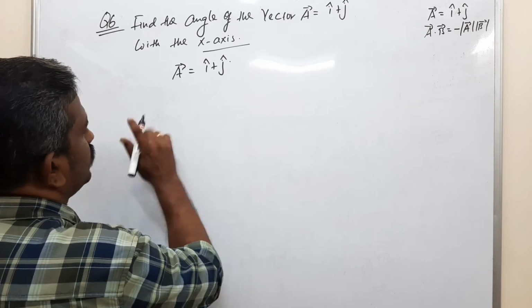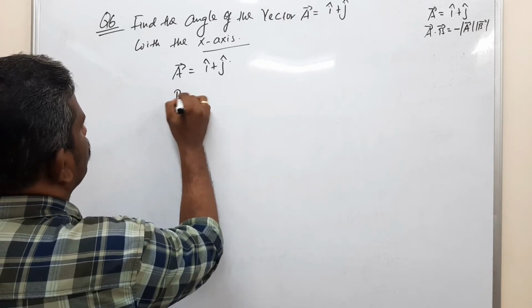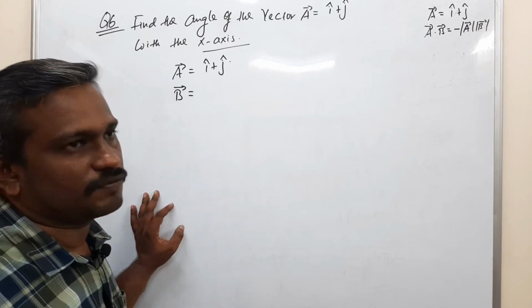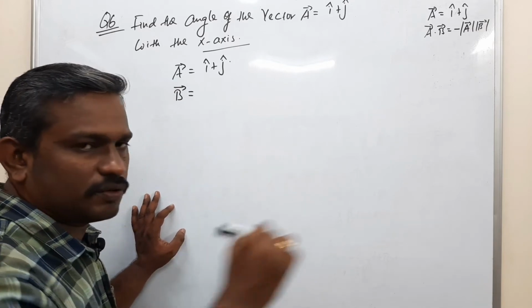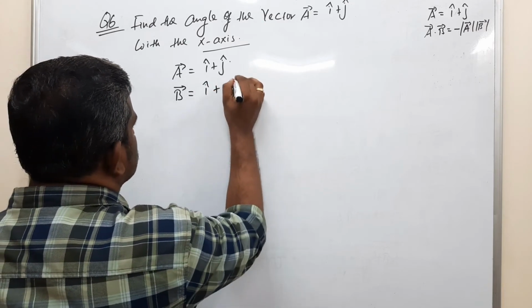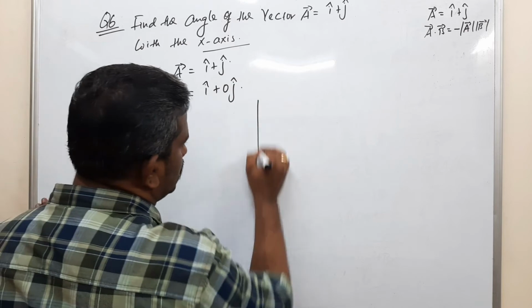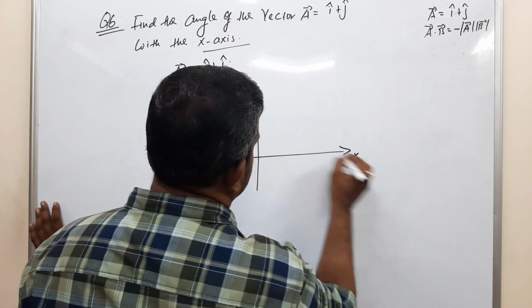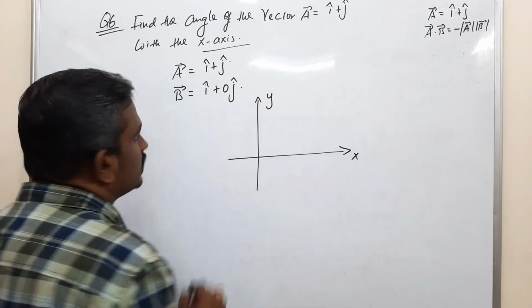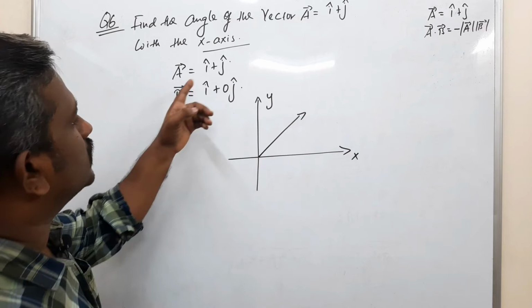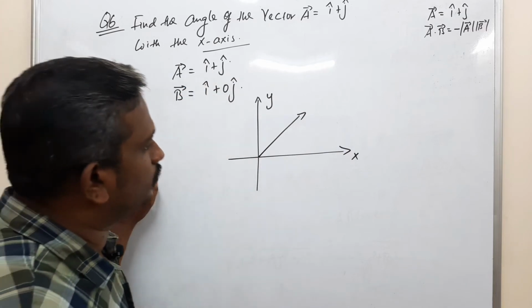What is the vector form of the x-axis? B vector is the vector form of the x-axis, that is only the unit vector, i cap plus 0 j cap. Suppose a vector is like this, with both x component and y component.